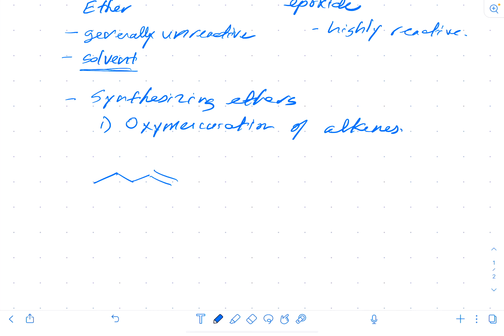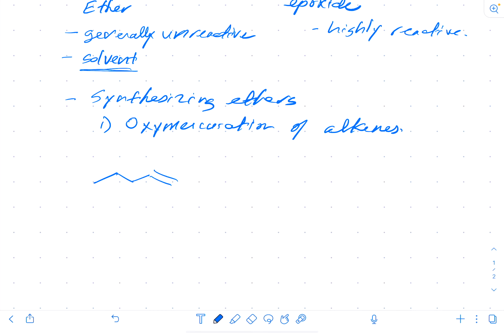The second, more versatile route is by substitution. This is a reaction known as the Williamson ether synthesis. And this is essentially an SN2 substitution to make ethers.